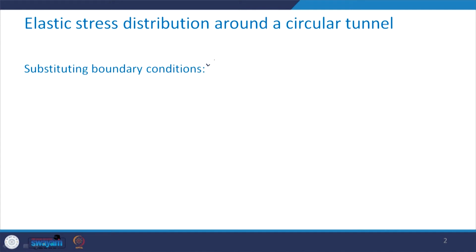In the previous class we already substituted the boundary conditions at r tending to infinity. Now we have the other boundary conditions at r equal to a, where sigma r is equal to 0.